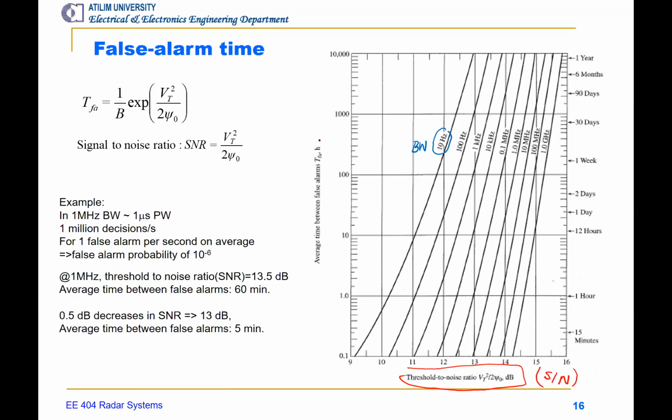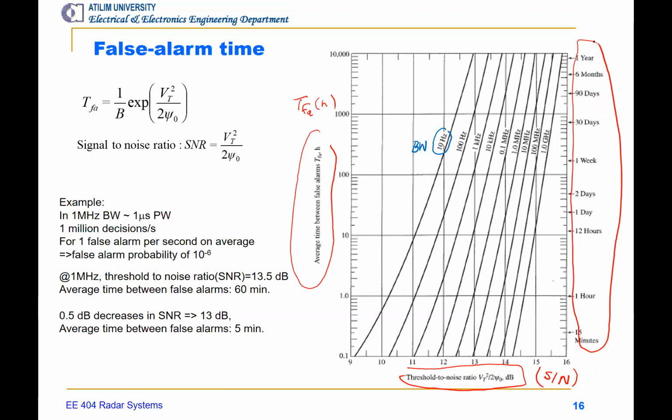And on the vertical axis, we see the average time between false alarms, that's TFA on the left, and TFA on the right-hand side converted to time units: minutes, hour, day, week, month, and year.